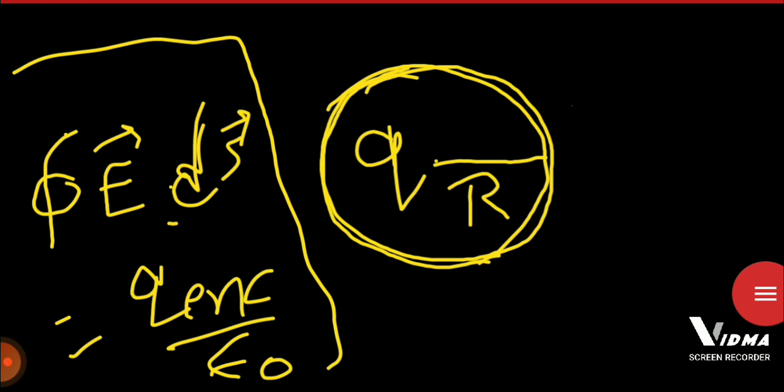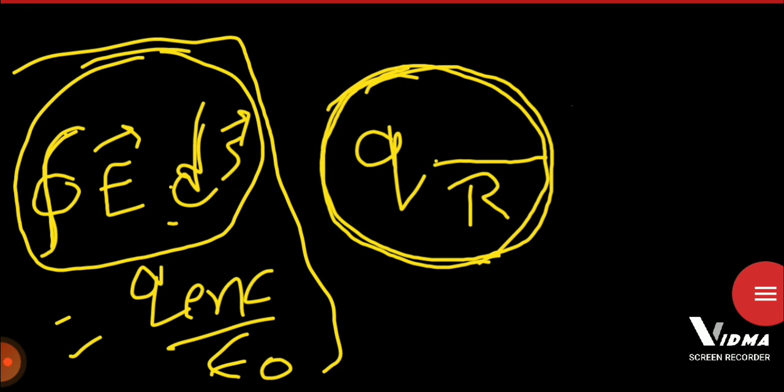That means the integration of E dot dS is the flux through any closed surface, which equals the enclosed charge divided by epsilon naught. Epsilon naught is the vacuum permittivity.